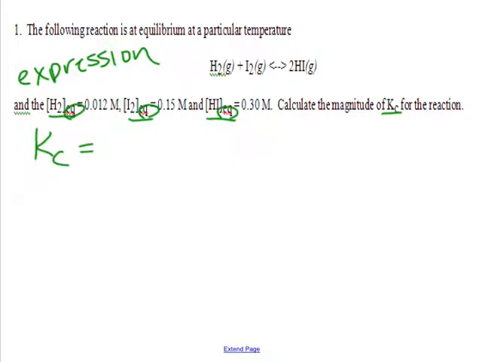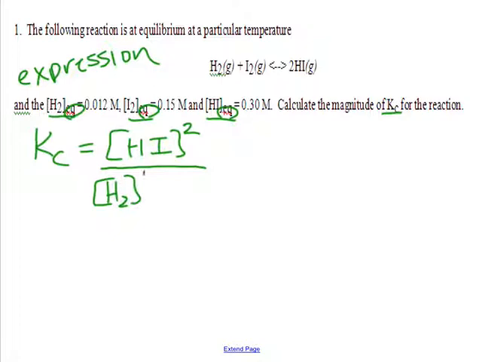So Kc is equal to products. What do I do with the 2? Square. And why am I allowed to put all of these in my expression? These are all gases, correct. So there is my unsubstituted expression. Then I'm going to go ahead and substitute equilibrium concentrations.